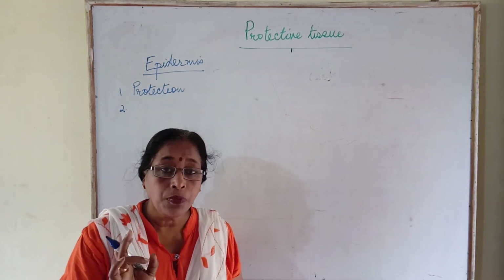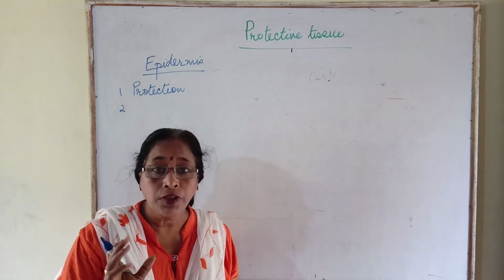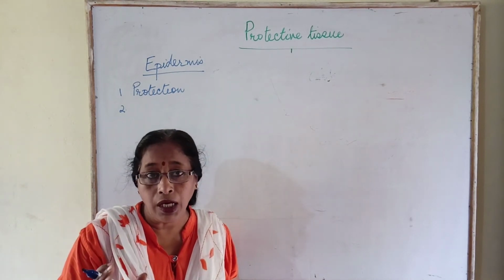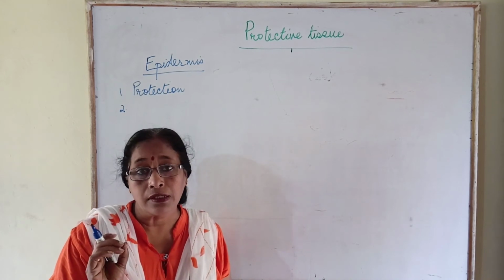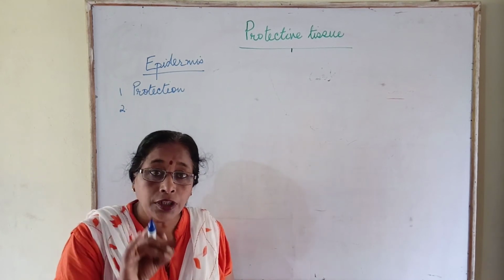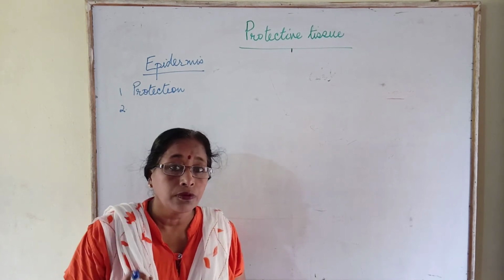One more important point is that the stomata we have seen in the mesophytic plants, or the aerial plants, are sunken in the xerophytic plants. Sunken means they are present deep inside the epidermis.